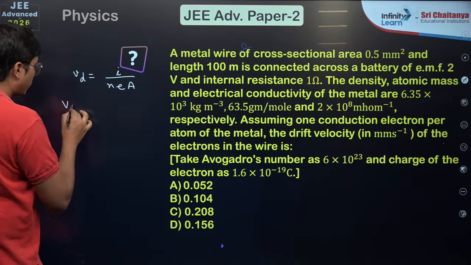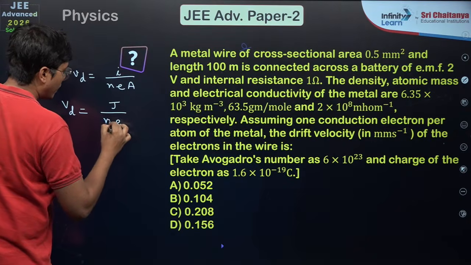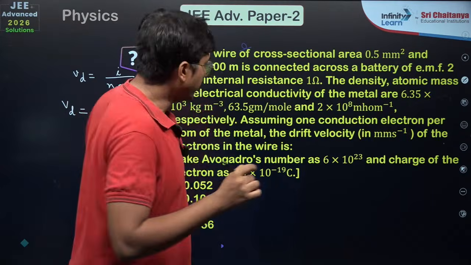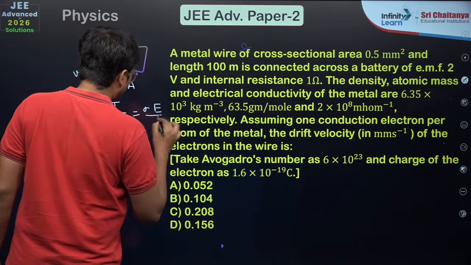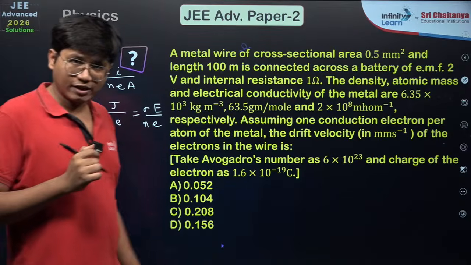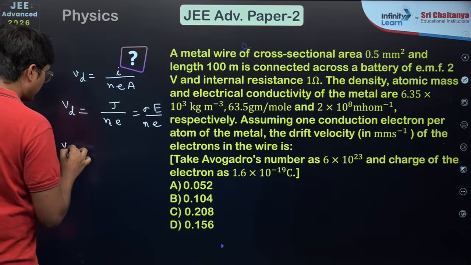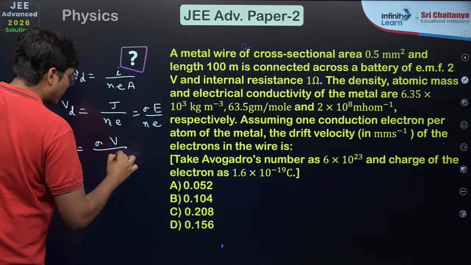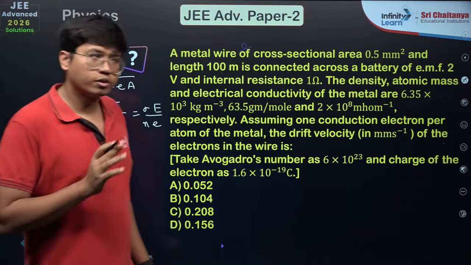So my drift velocity formula can be brought down into current density divided by N into E. Current density again by the microscopic form of Ohm's law can be written as sigma times E, conductivity times the electric field, divided by number density multiplied with an electronic charge. And lastly, this electric field can be written as the voltage divided by the length, and you have N. Now up till here I believe most students might have reached.